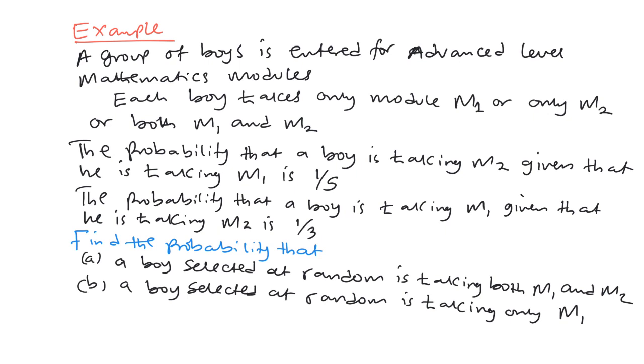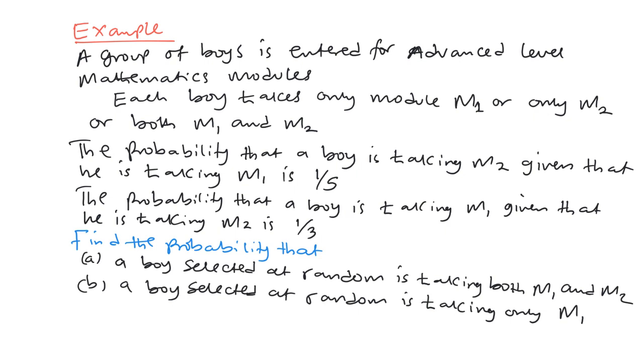The probability that a boy is taking M1 given that he's taking M2 is a third. Find the probability that a boy selected at random is taking both M1 and M2. That's part A. Then part B, a boy selected at random is taking only M1.